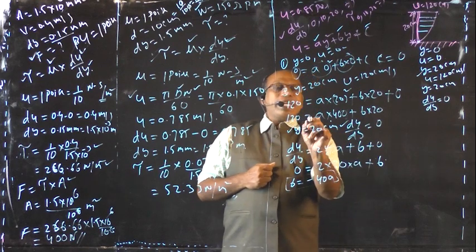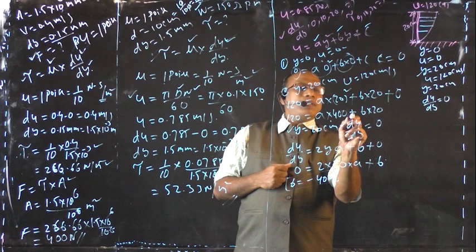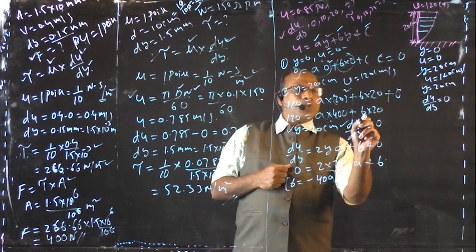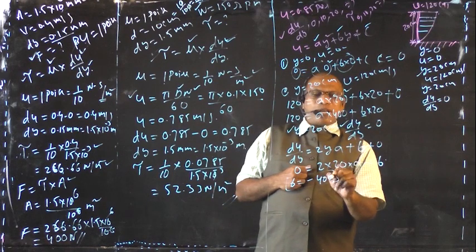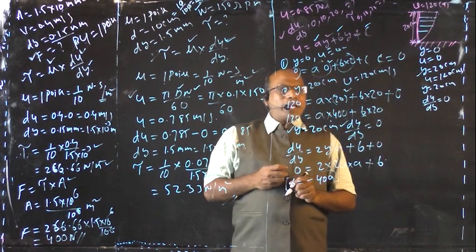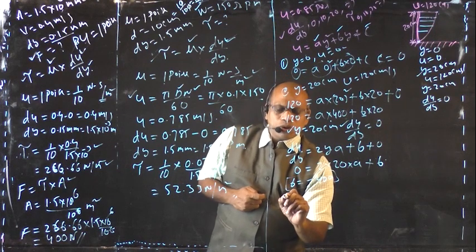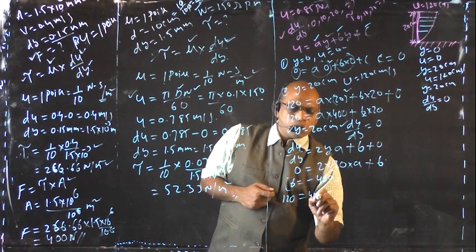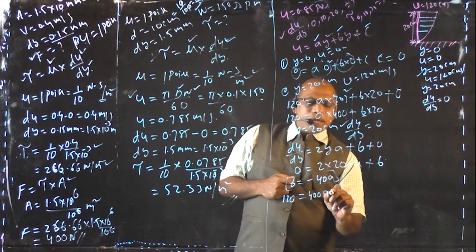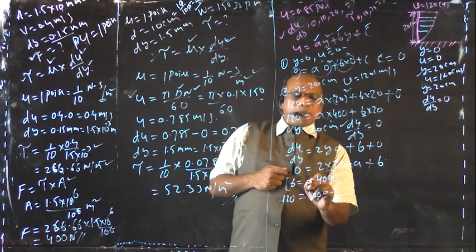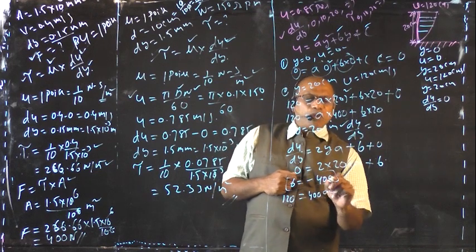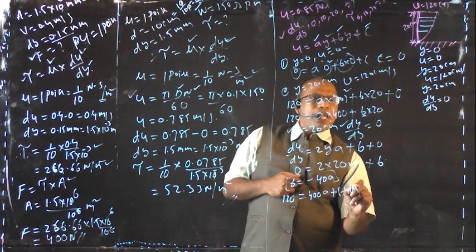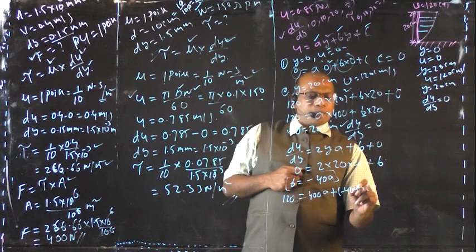Now 120 equal to a into 400 plus b into 20. In place of b we are going to take minus 40a. Therefore 120 equal to 400a plus minus 40a into 20.